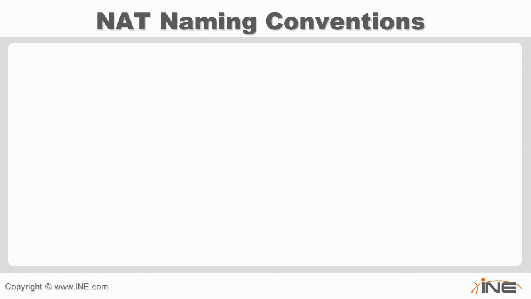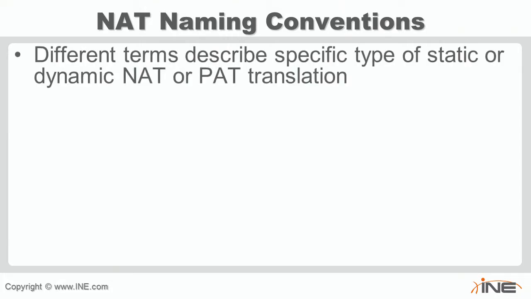Now, as I mentioned, the ASA uses some complex naming conventions for the different NAT processes. Essentially, what they're referring to is just these different types of either static or dynamic NAT or PAT translations.